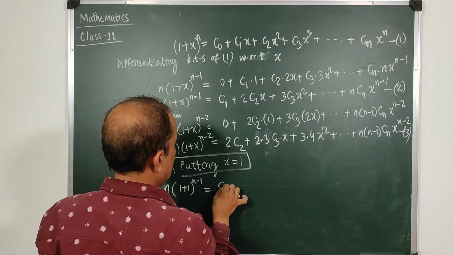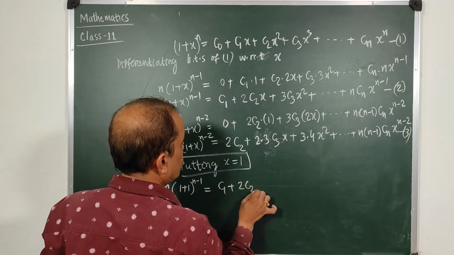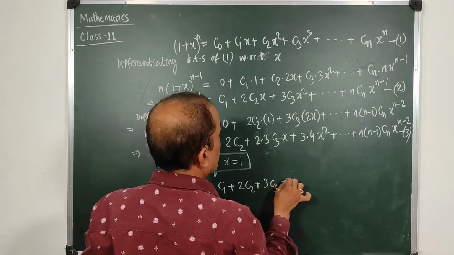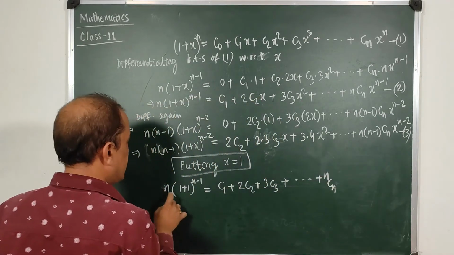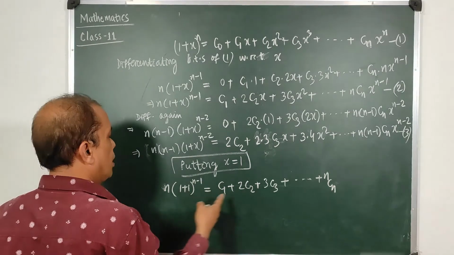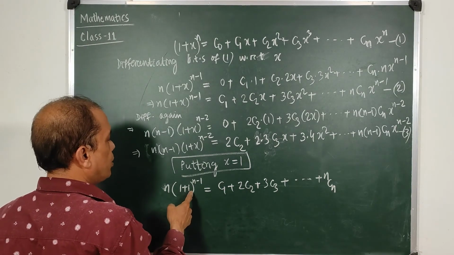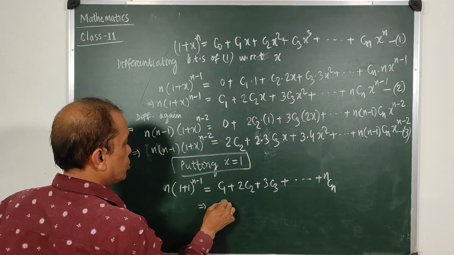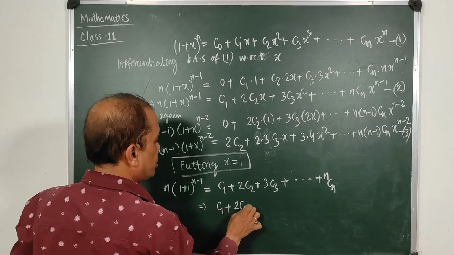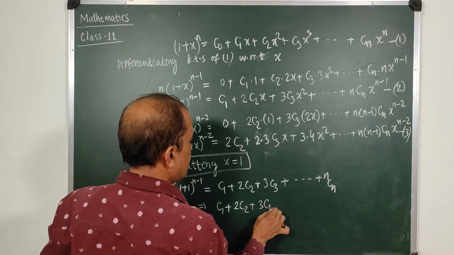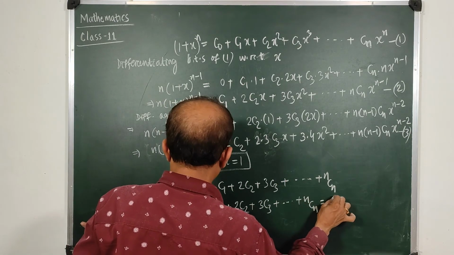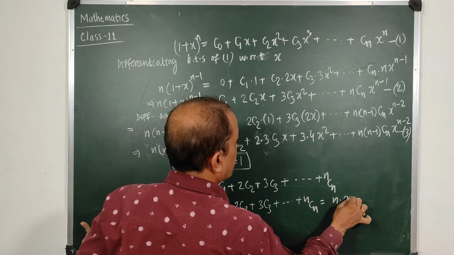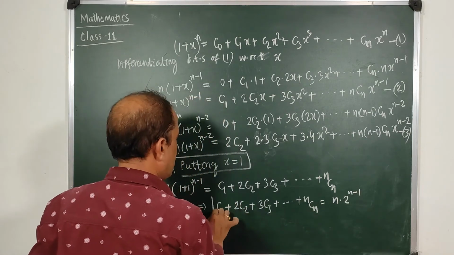So I will get C1 + 2C2 + 3C3 + up to nCn, and on the left side n into 2^(n-1). So C1 + 2C2 + 3C3 up to nCn becomes n into 2^(n-1). This is another expression.